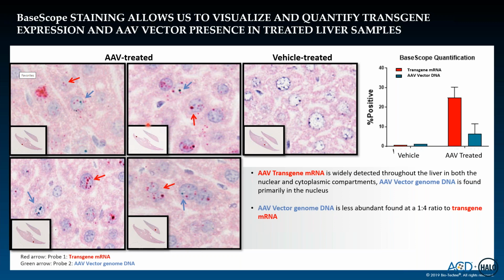What you can appreciate is the subcellular resolution that we can observe with this particular analysis, where the AAV vector genome staining can only be observed in the nucleus, as you would expect, but the transgene staining is observed both in the nucleus and the cytoplasm. And here's a quantification of vehicle-treated versus AAV-treated staining, indicating that the delivery was successful, and we were able to see both the transgene and the vector in the intended cells in these liver samples.